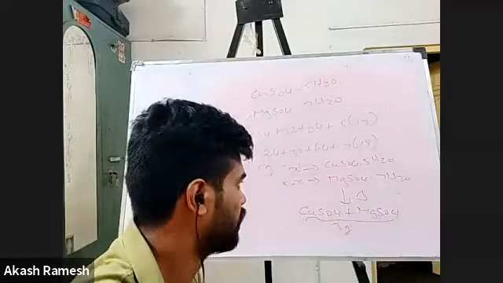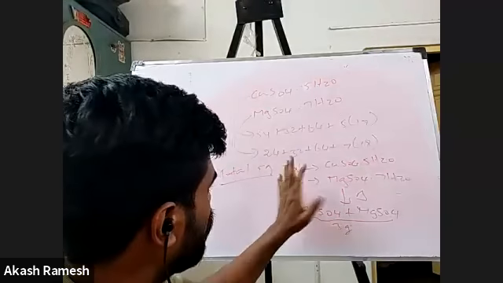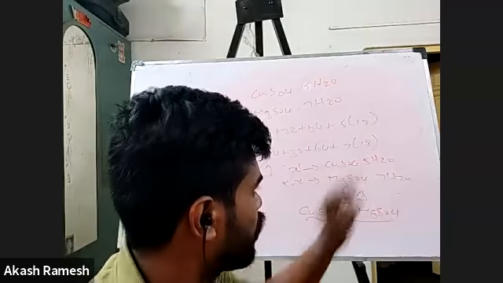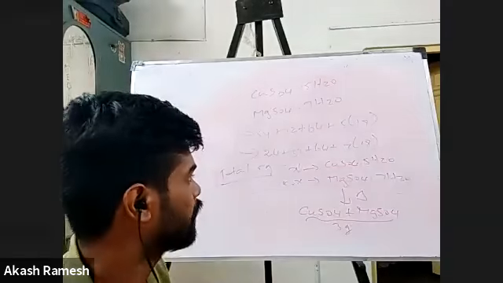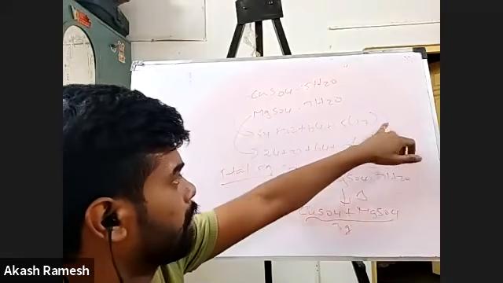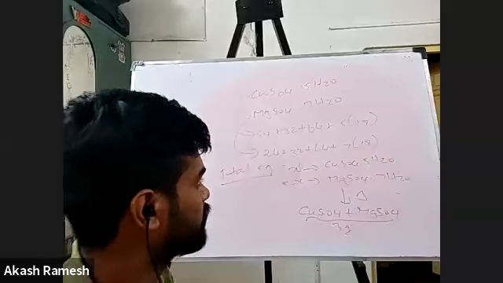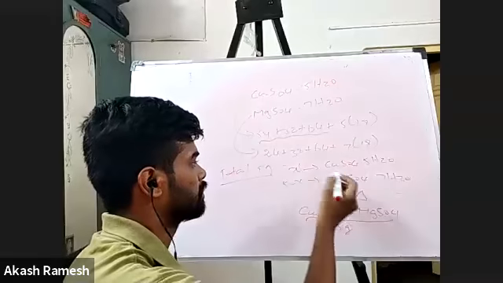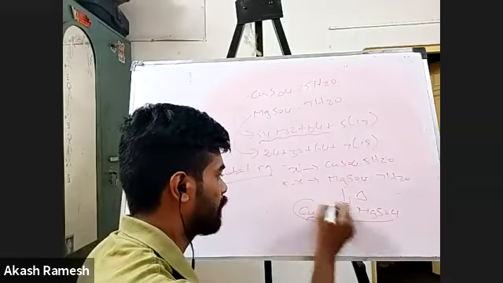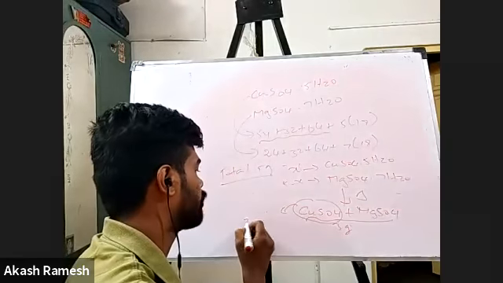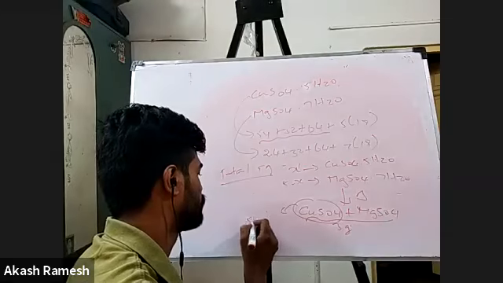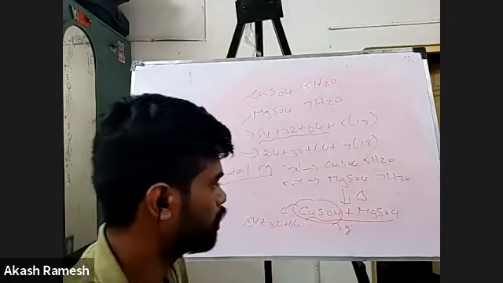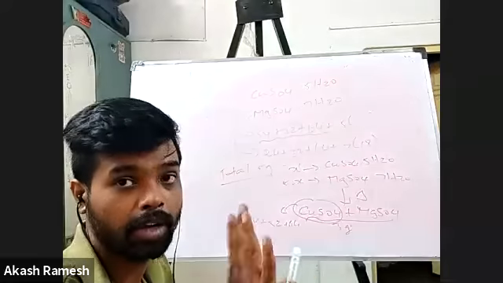Now, very simple. Okay. Now, what you understand is, if I take CuSO4.5H2O, right? So if I calculate the molecular mass, this much is the molecular mass. If I calculate the molecular mass of CuSO4 alone, it would be 64 plus 32 plus 64. This would have been the molecular mass of CuSO4 alone, right?